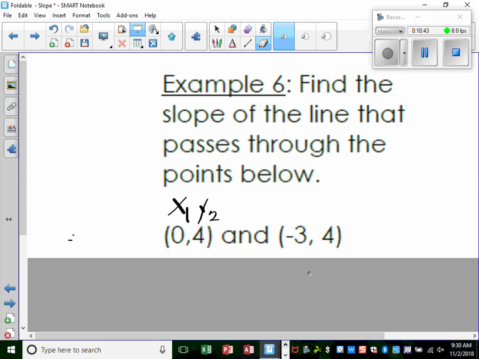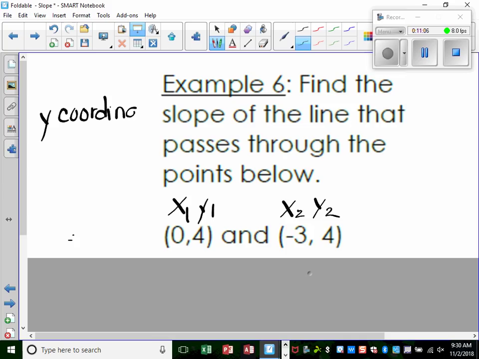Oh, sorry, I should say x1, y1, x2, y2. Now, what do you notice first about the coordinates? Can anybody recognize anything about the coordinates? Yes. Exactly. Y coordinates are the same. Please take note, because you're going to need to know that in a second.